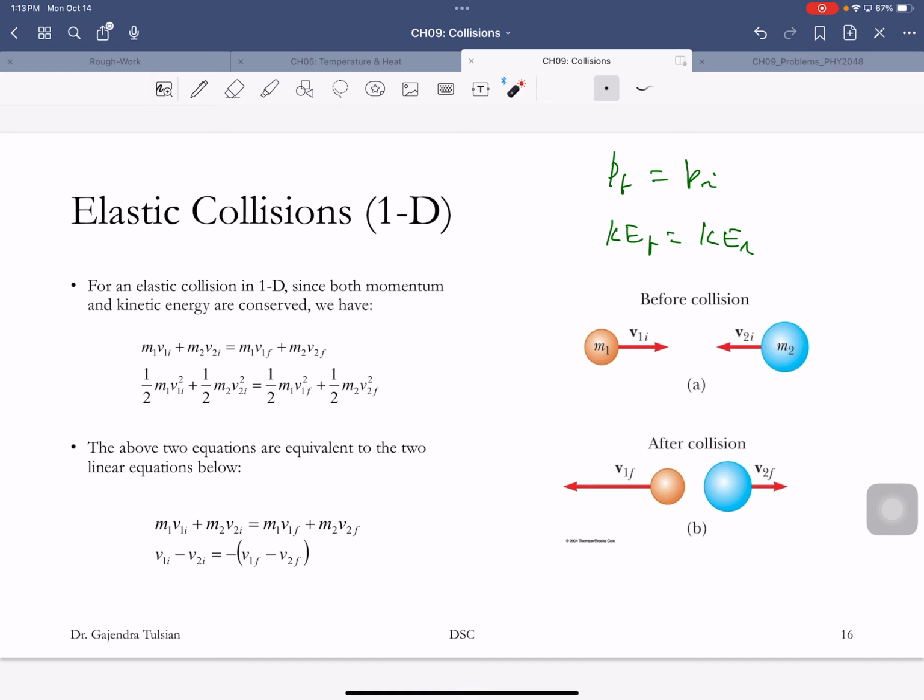Okay. So here is the initial momentum for the system equal to the final momentum. That's that statement. And here is the initial kinetic energy equal to the final kinetic energy.